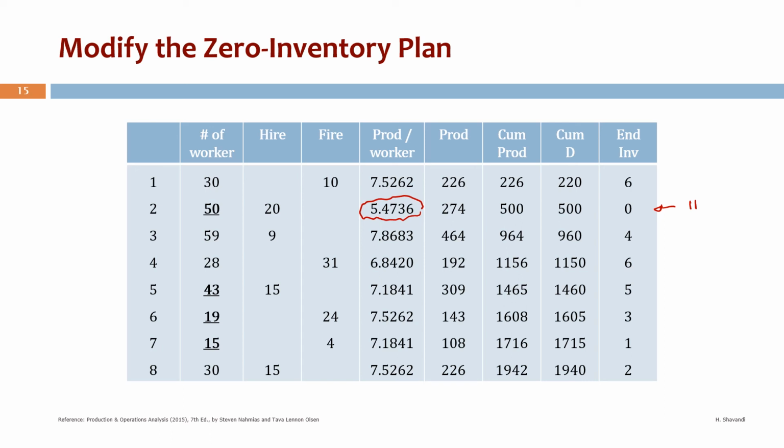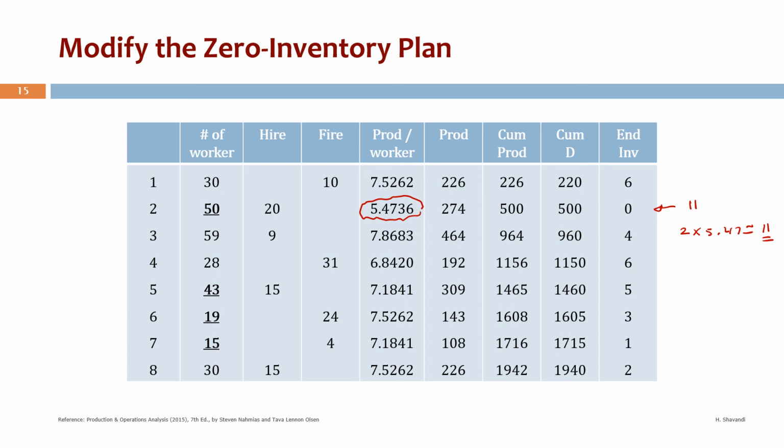So here we have 2 workers, 2 times 5.47, which is almost 11 items. So this means that 2 workers are producing the items that are not going to use in that month and will be holding in the inventory.